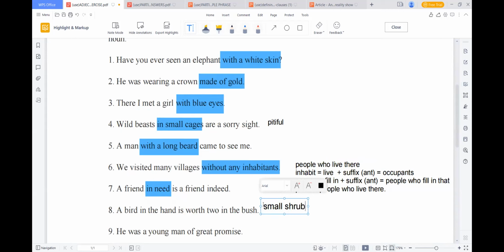A small shrub means like 好像小树丛这样子的. So a bird in the hand is worth two in the bush. 好像有2只鸟在那个小树丛那边.